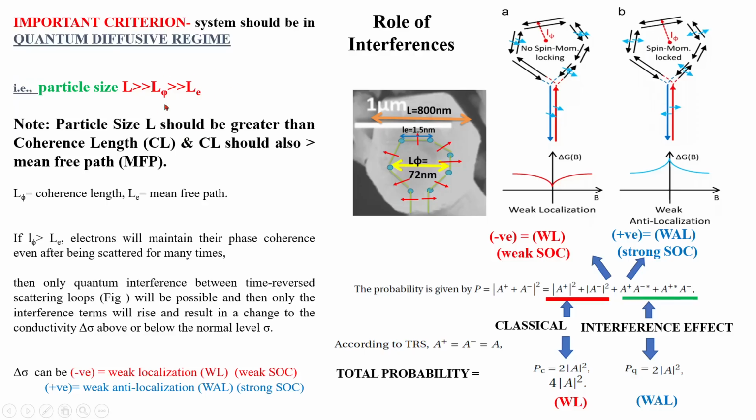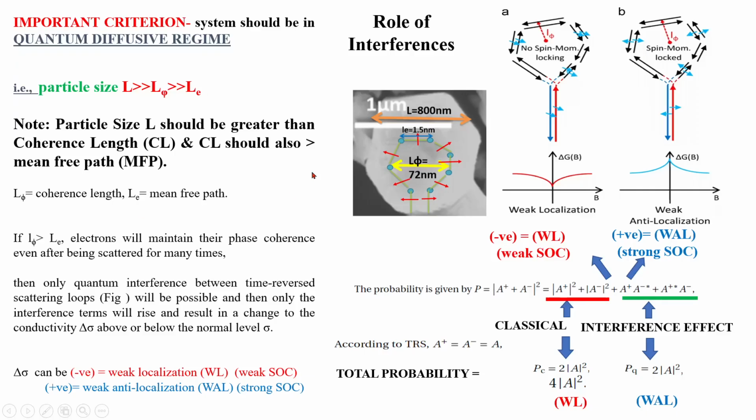If the coherence length is less than the particle size, the electrons in a single particle cannot interact with each other, so they cannot undergo constructive and destructive interference, reducing the probability of weak localization and weak antilocalization signatures.